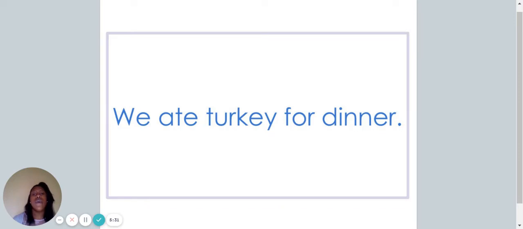We are now going to discover the word in each sentence with the R-controlled syllables. We ate turkey for dinner. Which word in this sentence has an R-controlled vowel syllable? I'll read the sentence to you again. We ate turkey for dinner. Did you say turkey?